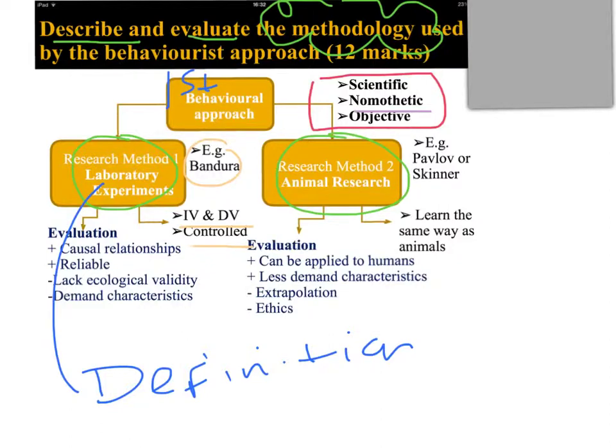You will identify that Bandura's independent variable was the groups he used, whether the children saw an aggressive model or did not see an aggressive model. And your dependent variable, as seen on here, is the levels of aggression measured. So, what have we done so far? You've written a paragraph defining laboratory experiments using an example.